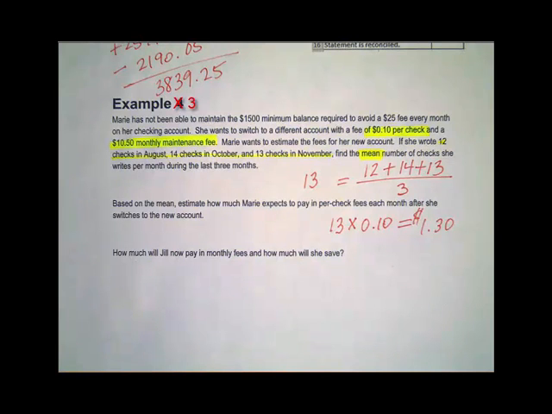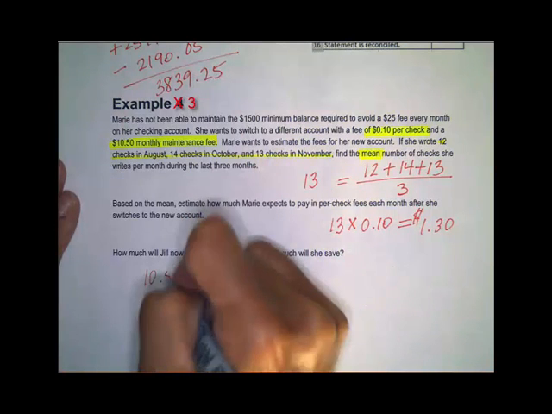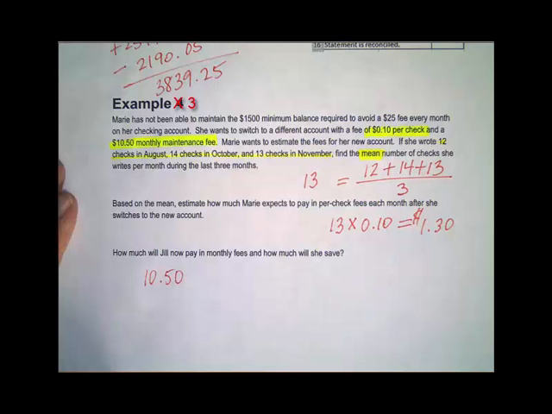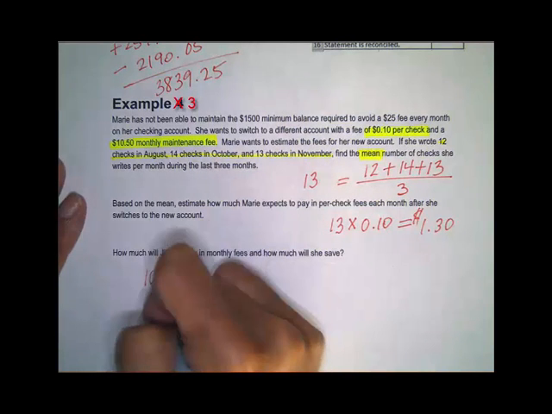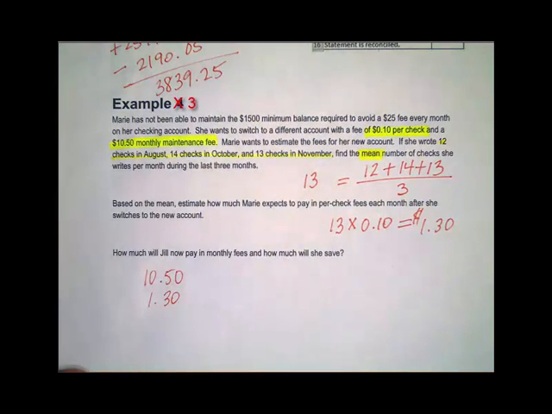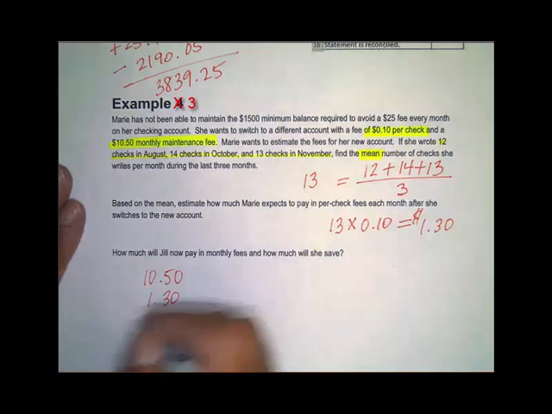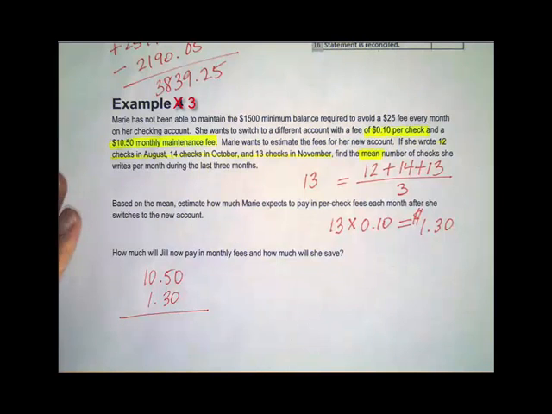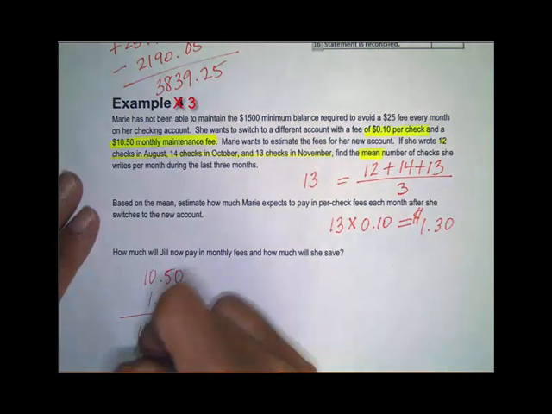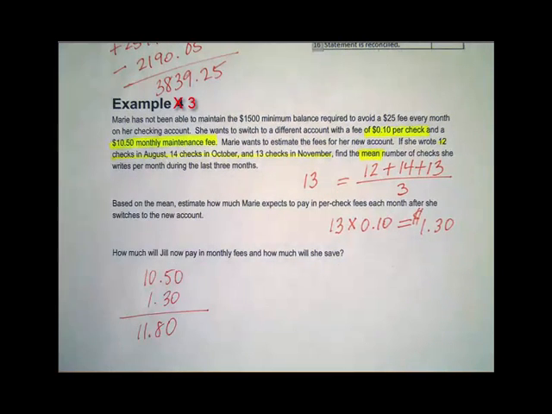So now, how much will she pay in monthly fees and how much will she save? So, in 1 month, she will have to pay the $10.50 monthly maintenance fee, and she'll pay, on average, $1.30 in checks. So add those up, and we get $11.80. What's the difference?